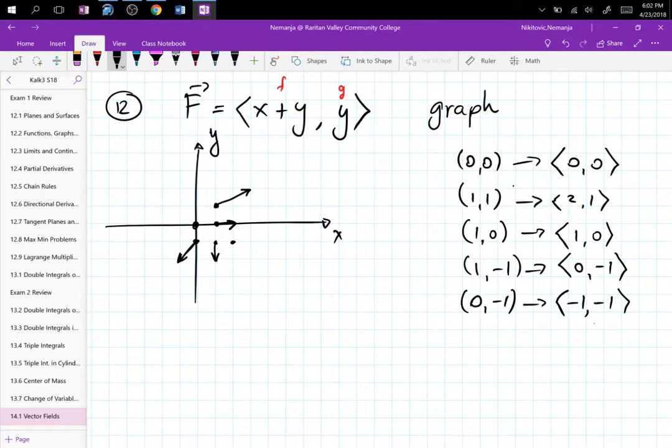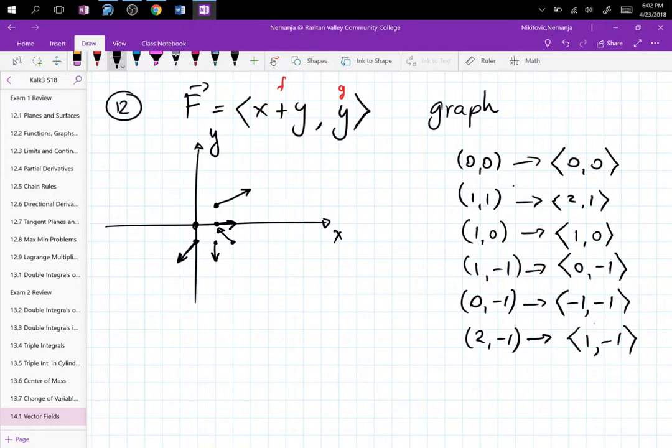How about 2, negative 1? If I get 2, negative 1, 2 minus 1 is 1, and then y is negative 1. So we go here, 1 unit up, 1 to the left. This is chaotic, right?